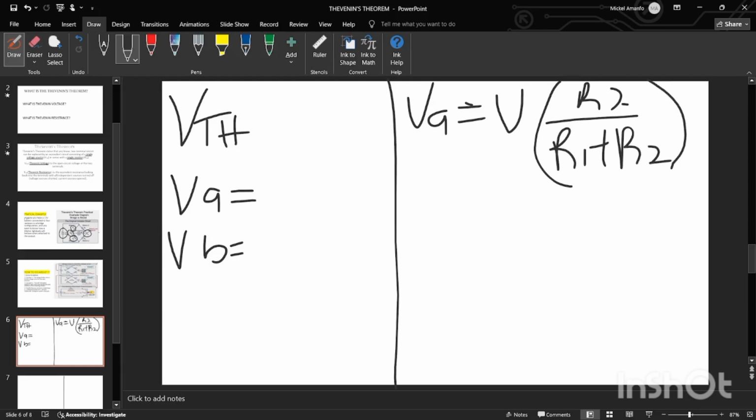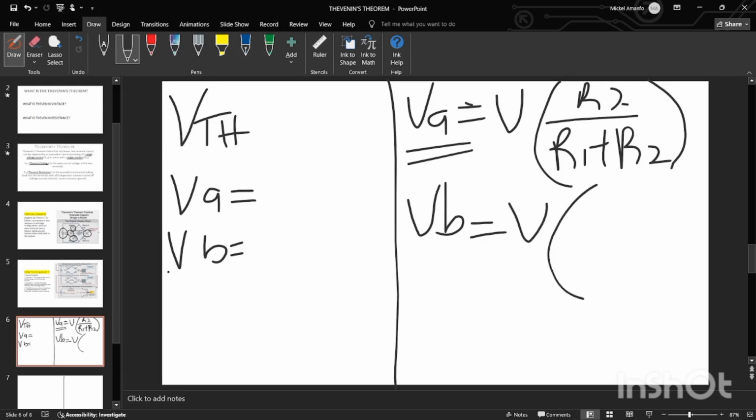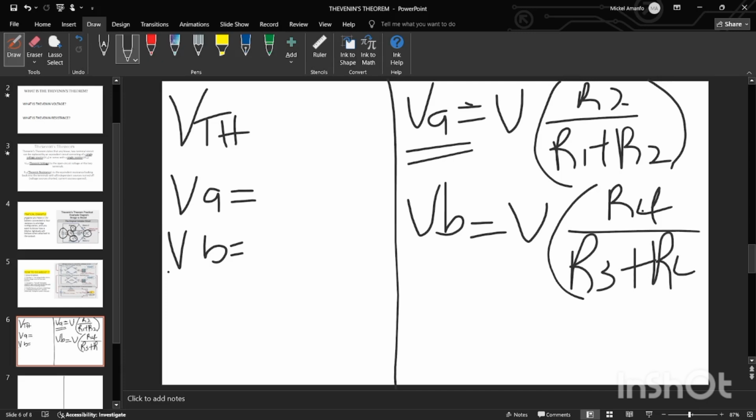So this is how to find the voltage at terminal A. Then we find the voltage at terminal B. Voltage at terminal B is the same process. We consider the total voltage, then resistor 4 all over resistor 3 plus resistor 4.